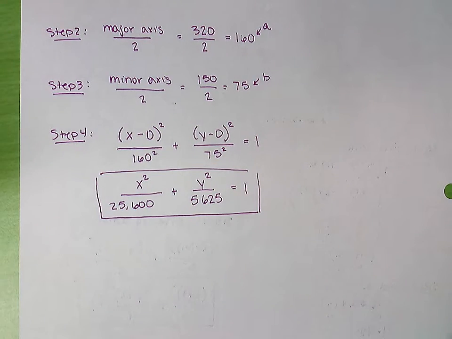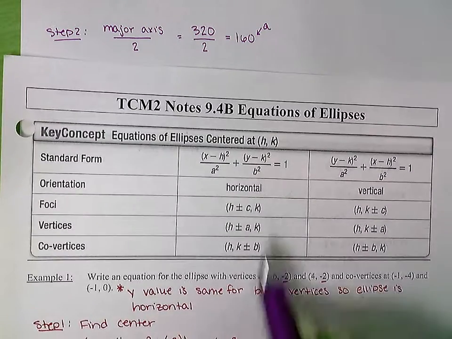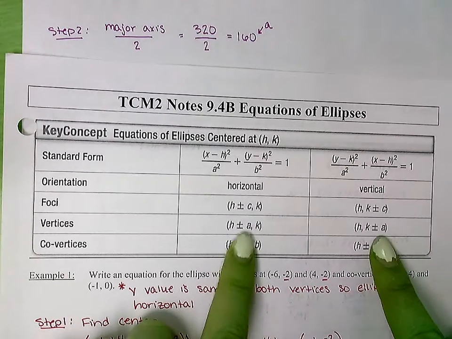Okay, so if you don't have the center point, you need to use the midpoint to find it between either your co-vertices or your vertices. Then you want to find A, so you can either use the major axis if they give you that, or use your chart from the front. Depending upon if it's horizontal or vertical, you'd find A by your vertices.